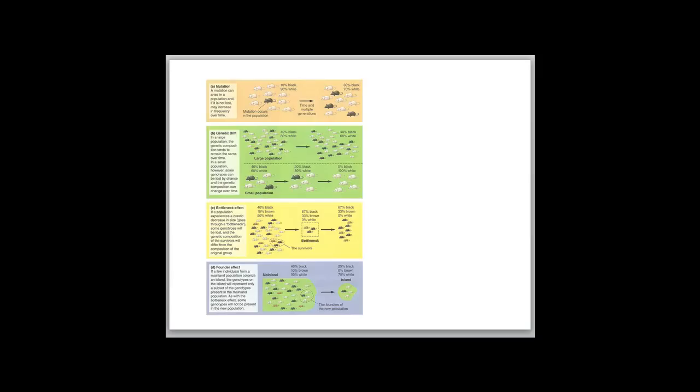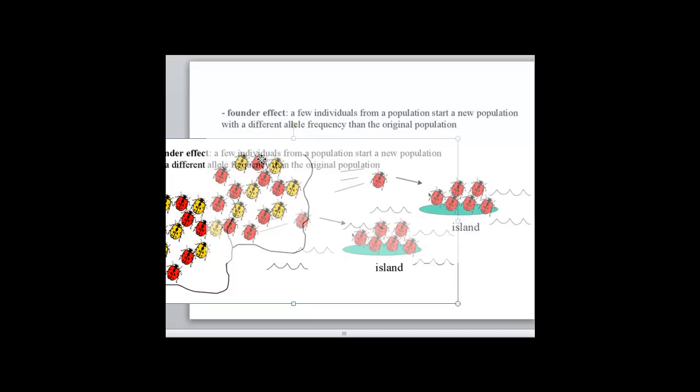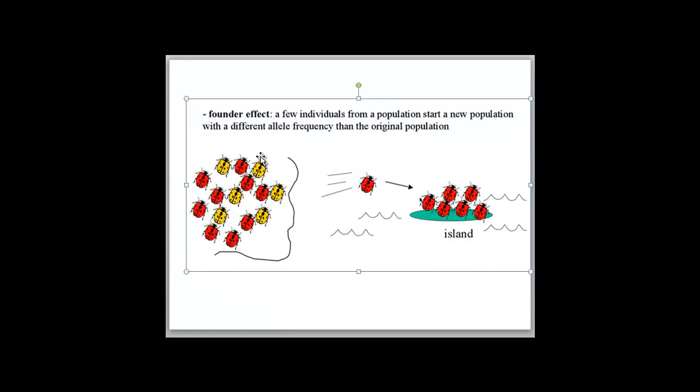So much to do, so much to go through here. All right, just some quick examples of this. Here's the idea of the founder effect, okay, where you have a population on the mainland. Whoops, sorry, I'll put that back. There we go.